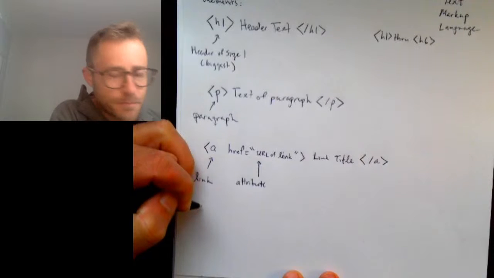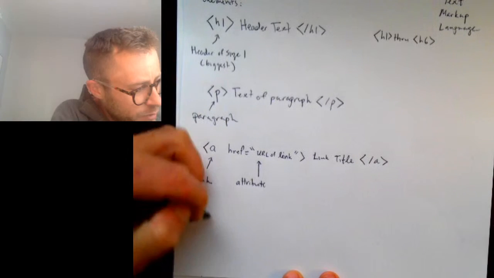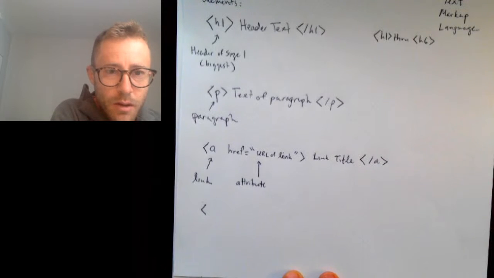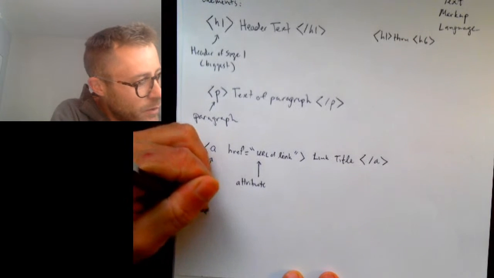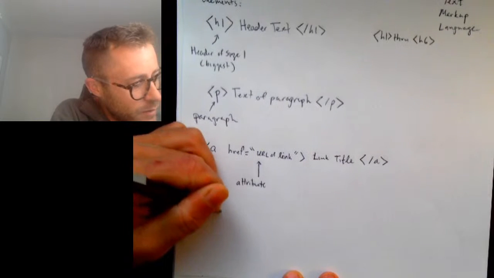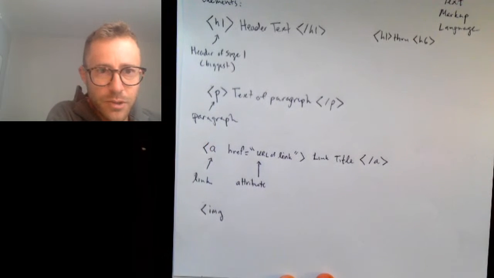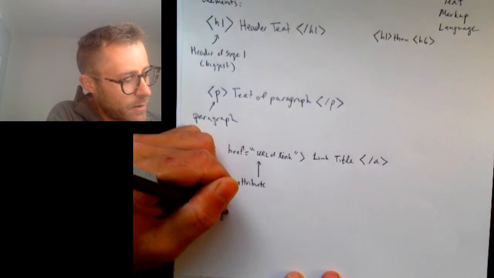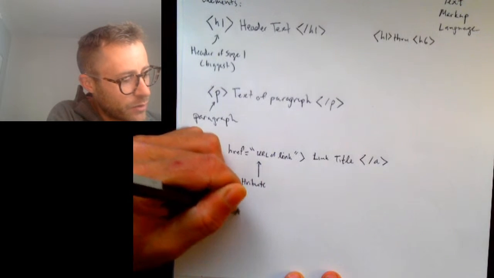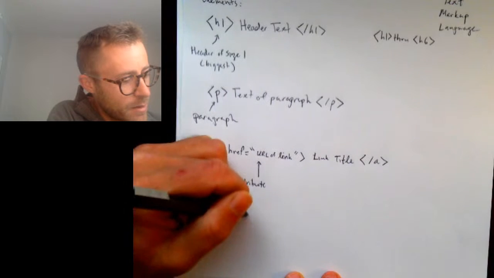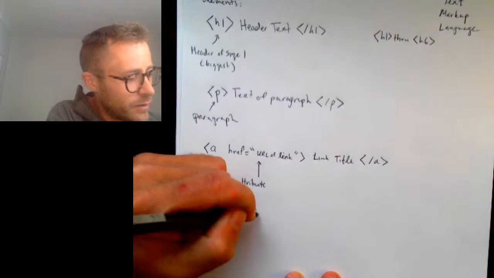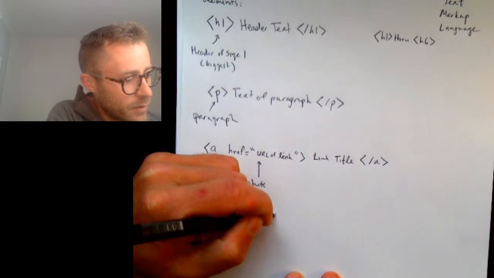And then the last one I wanted to tell you about is the image element, so it's just img, and then you put src equals, and then the URL of the image.